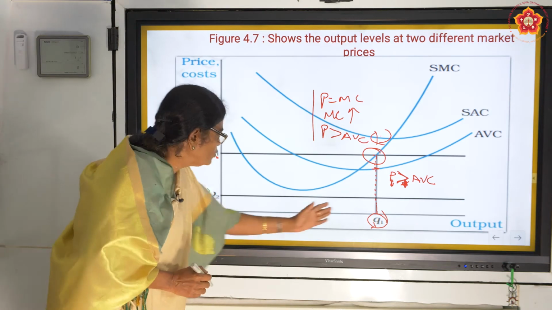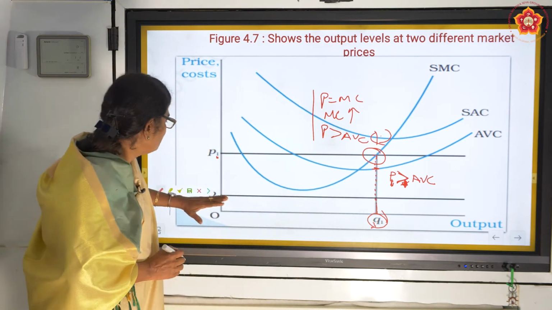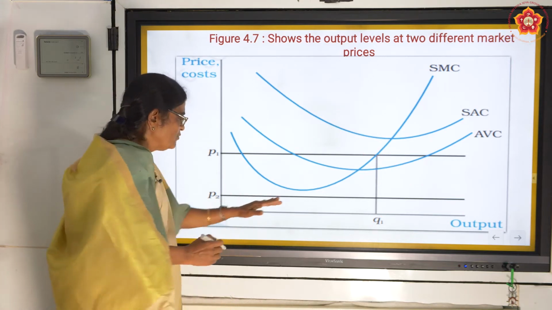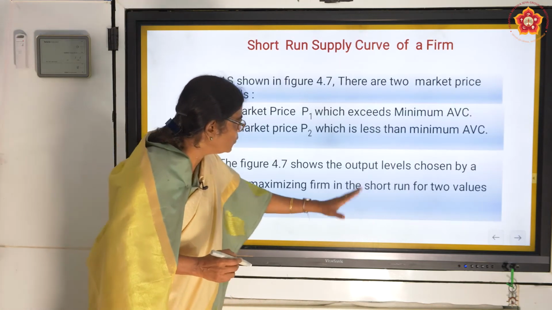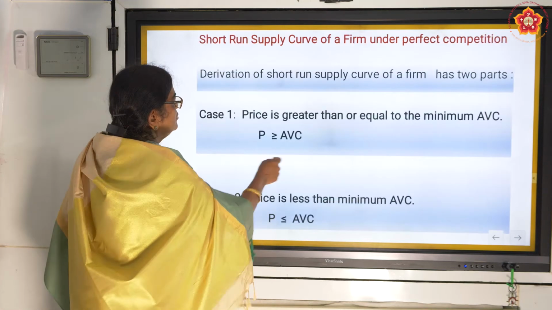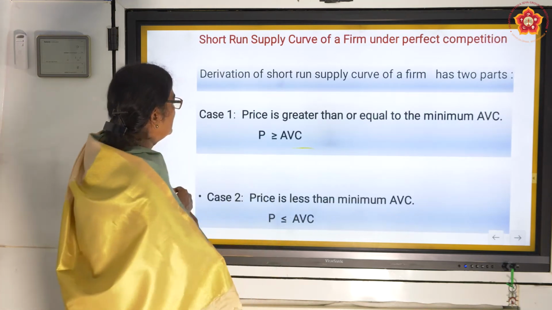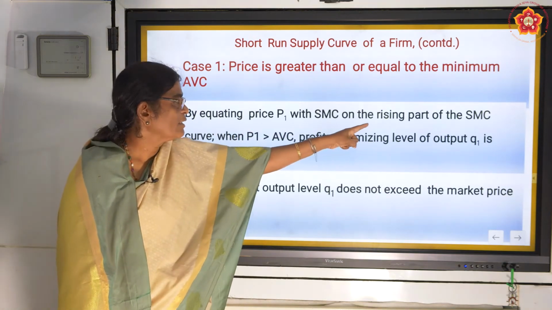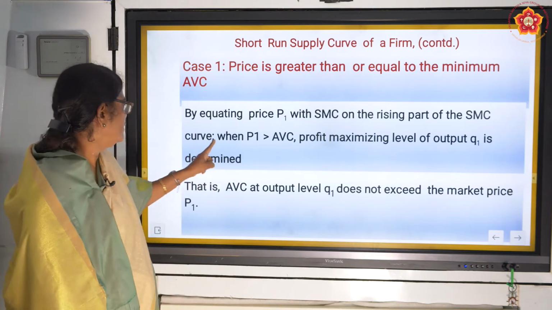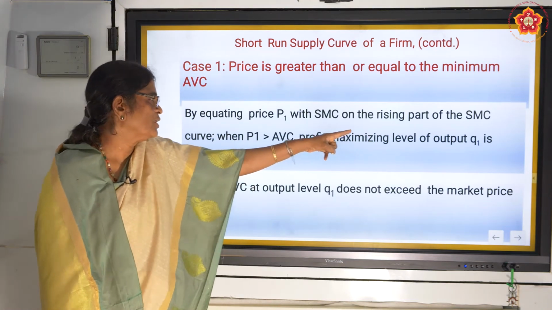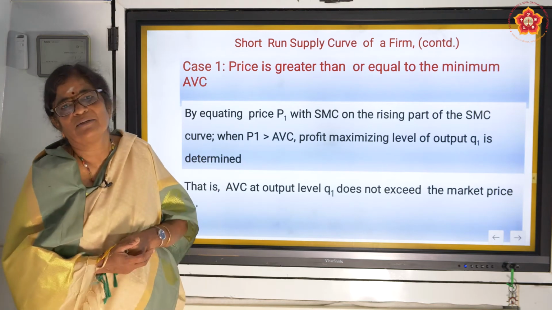But if you take P2, nothing is fulfilled. P2 is less than AVC for all output levels. That is what is explained here. By equating price P1 with SMC on the rising part of the SMC curve, when P1 is greater than AVC, the profit maximizing level of output Q1 is determined.